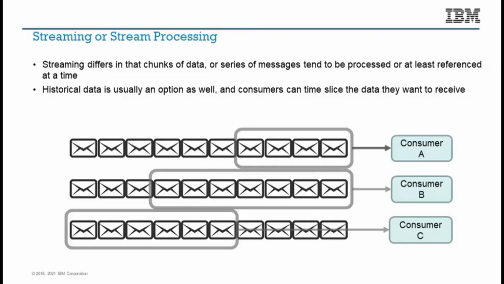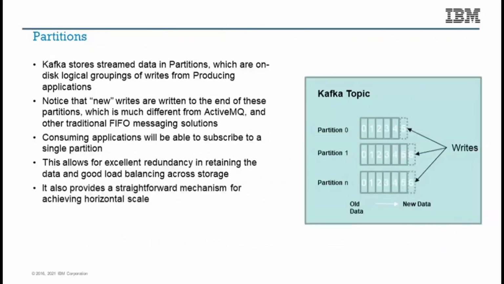It's also built on the notion that it can stream large chunks of data to you. So if you want to know all of the activity that happened since yesterday at 2 o'clock, you can get all of that information streamed to you in one nice stream of data, and it's much more efficient than traditional message queuing.